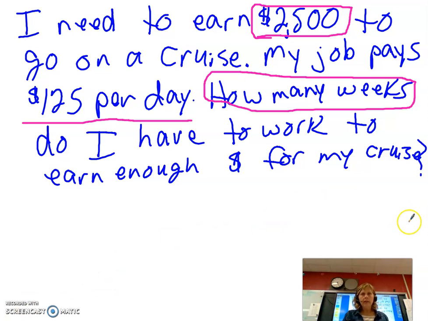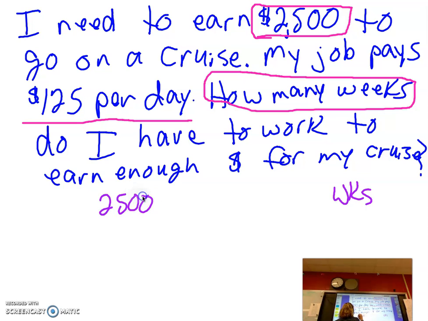So my path, let's think about this. I want my answer to be in weeks, right? So I want to end up with weeks. I'm starting at dollars, $2,500, and I want to get to weeks. Is there anything that takes me from dollars to weeks?